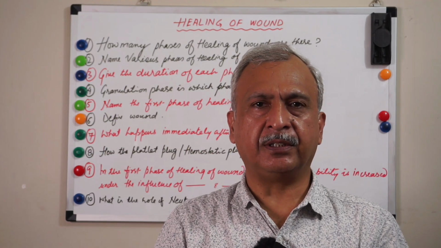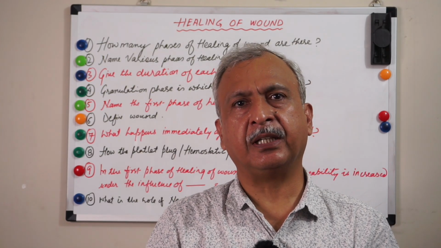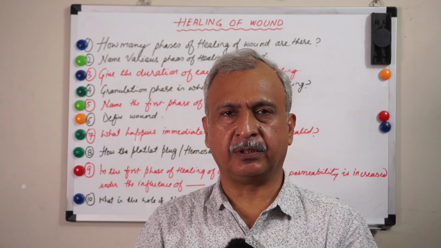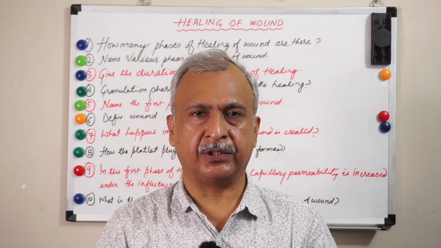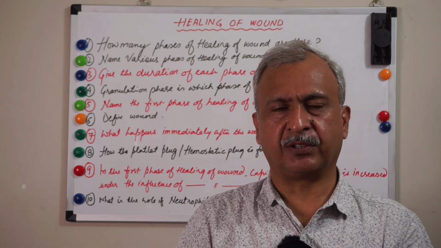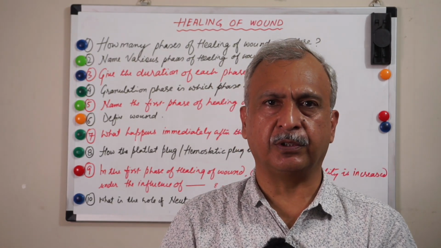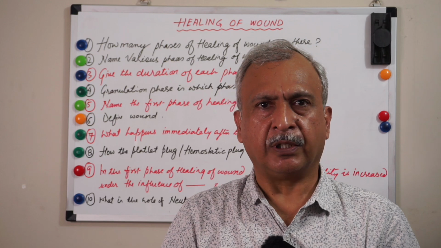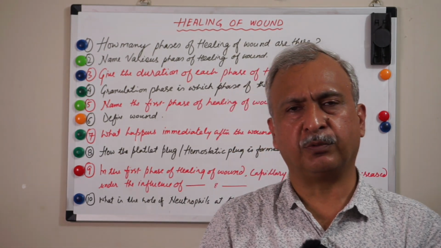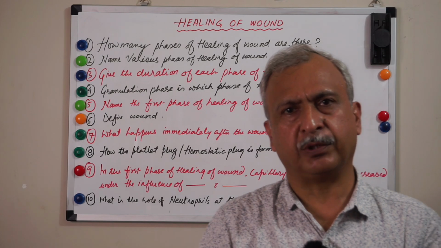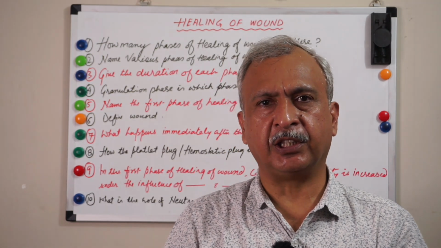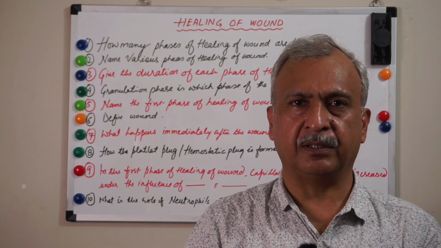And one more thing that I want to say: whenever you perform any surgical procedure, you have created an artificial wound. And natural wounds may be caused by accident or by scratching. So any kind of wound, whether produced in an accident, by some infection, or by surgical intervention, healing takes place in a similar manner.